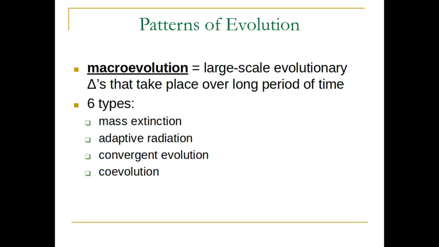There's convergent evolution. Convergent evolution is the idea that individuals or organisms that are very different can evolve similar characteristics because they live in a similar environment. And then there's coevolution. This is two organisms that have evolved to interact together, and they have physical characteristics that make them perfectly adapted to interact with each other.